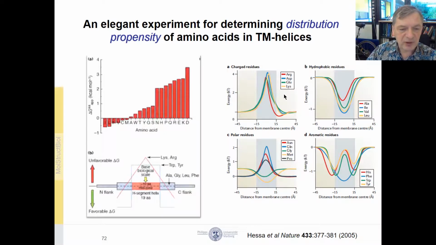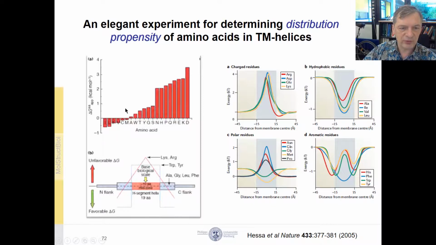So what he came up with was a simple experiment, and I like the simplicity of the experiment, but the complexity of the conclusions that one can come up with. So this is the model helix they had here, and the amino acids that they checked.